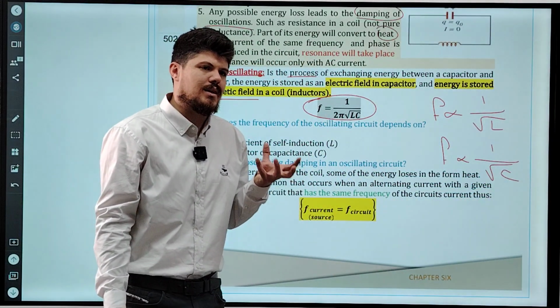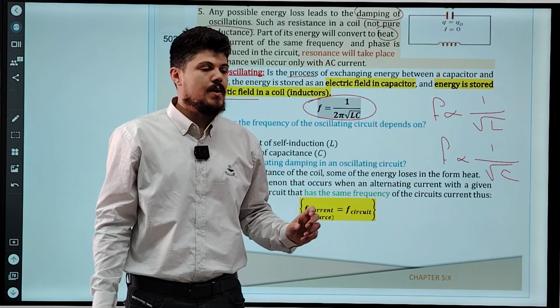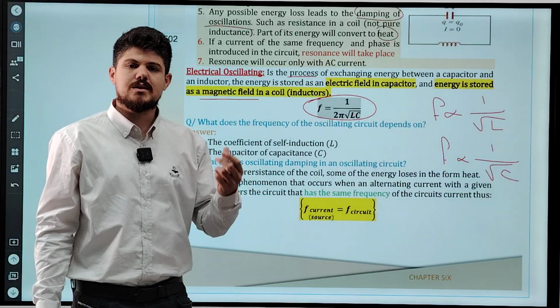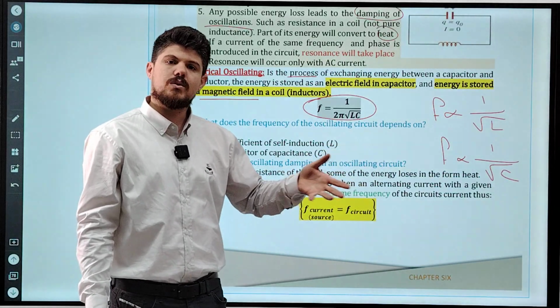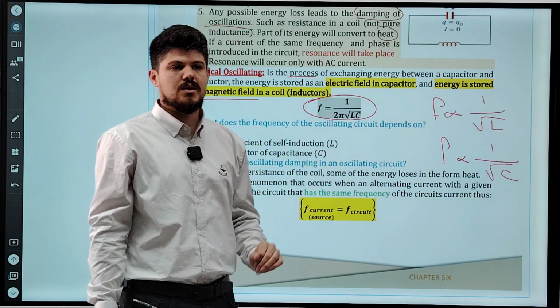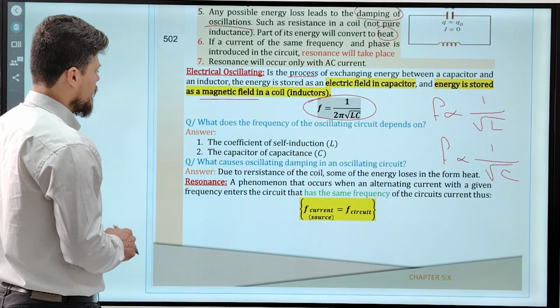By increasing the inductance, the frequency of the oscillating circuit decreases. For the capacitor, when the capacitance decreases, the frequency will increase. When the capacitance increases, the frequency will decrease, because they are inversely related.